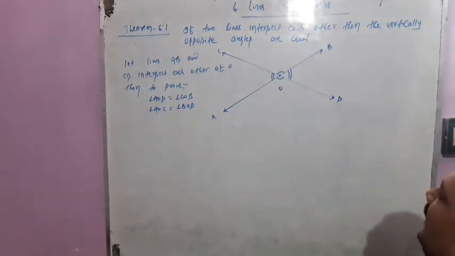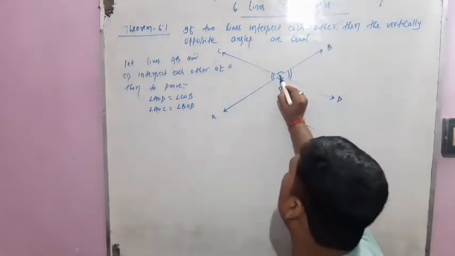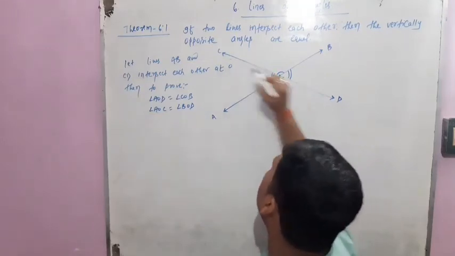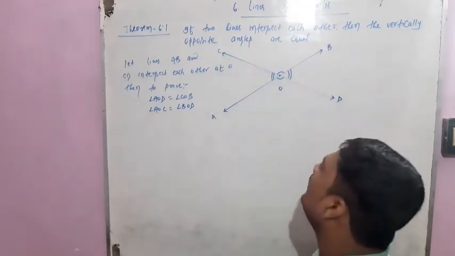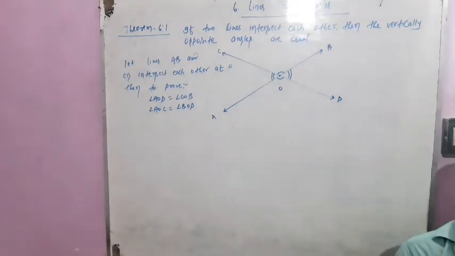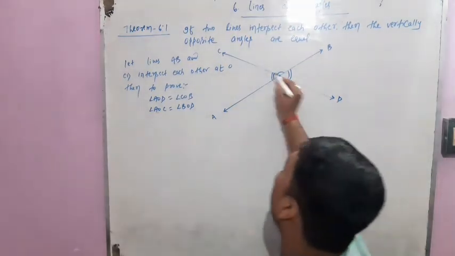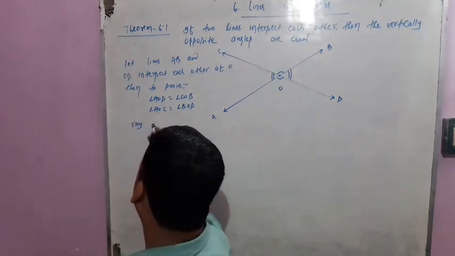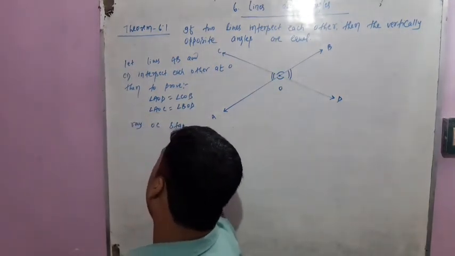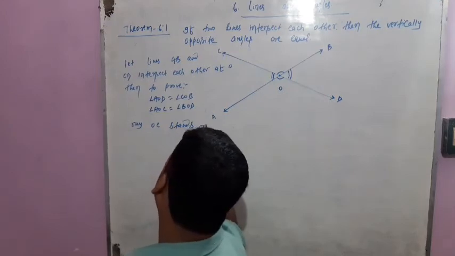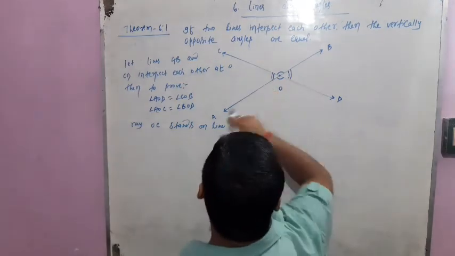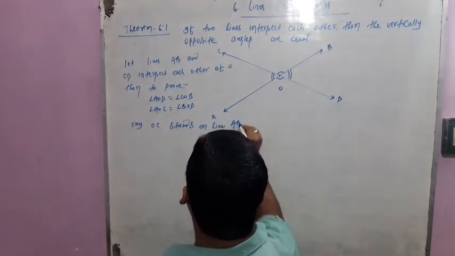Now, students, from the intersecting point O, we are looking at four rays coming out here: OC, OB, OA and OD. Out of these four rays, we have to take any one ray. Suppose we are taking ray OC. So we write here: ray OC stands on line AB.